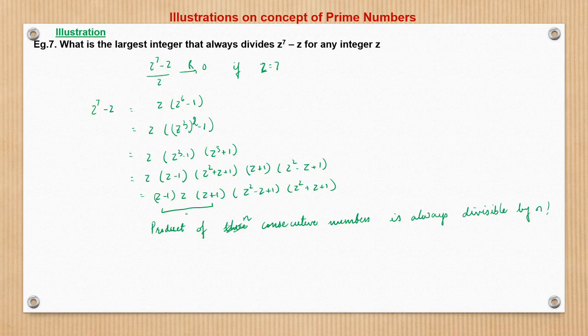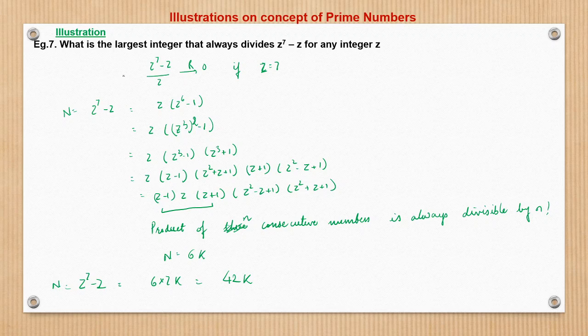So the product of three numbers will be divisible by 3 factorial, which is 6. So this is a multiple of 6k, and this was already a multiple of 7. So this term n is actually nothing but 6 into 7k, which is 42k. So the largest integer which always divides this n is 42.